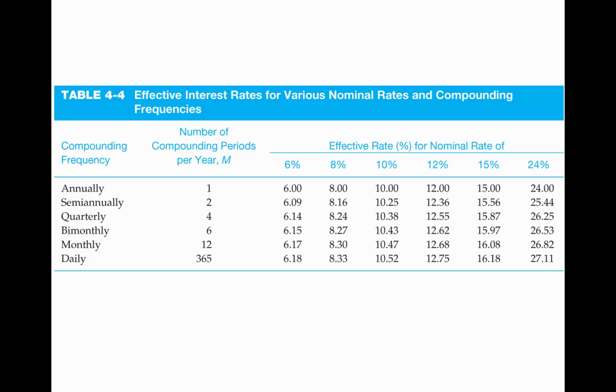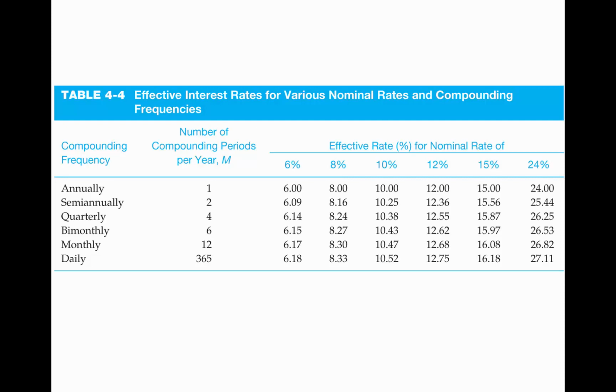Remember, we saw the formula last time: I effective is 1 plus r divided by m to the m power, that formula that allows us to calculate the effective rate. If m is 1 in that equation, then the nominal and effective are the same. And if you have a higher interest rate, starting with the nominal rate of 24%, then the effective for daily compounding is going to be 27.11. So that's quite a bit higher if you have the more frequent compounding.